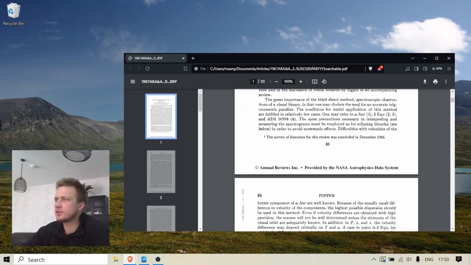The conditions for useful application of this method are fulfilled in relatively few cases. The same precautions necessary in interpreting and measuring the spectrograms must be employed as for eclipsing binaries in order to avoid systematic effects.